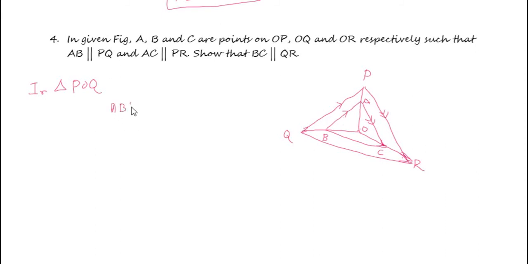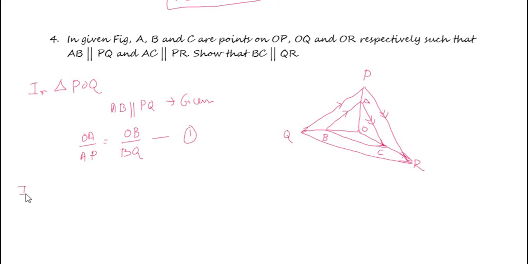This is given. If AB is parallel to PQ, then we have OA by AP equal to OB by BQ. Let us call this as 1.